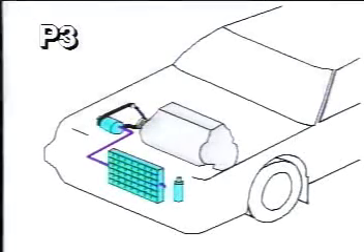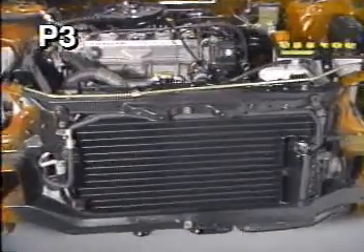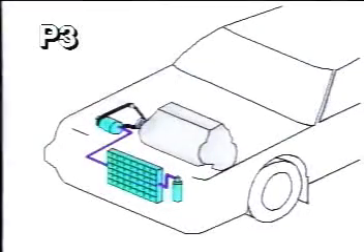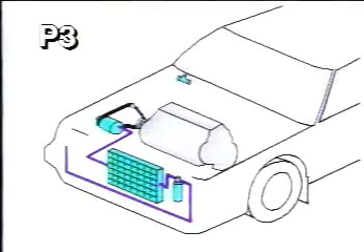The condenser is connected to a receiver and dryer unit. The receiver and dryer unit is connected to an expansion valve.